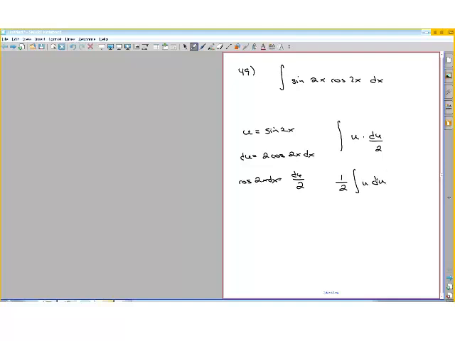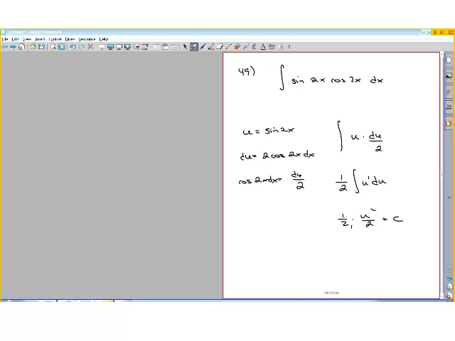In the previous problem we had the sine of u du. In this case we just have the polynomial. It's just to the first power, so when you integrate that you get 1/2 the constant. You get u squared, add 1 to the exponent, you divide by 2, plus arbitrary constant c.